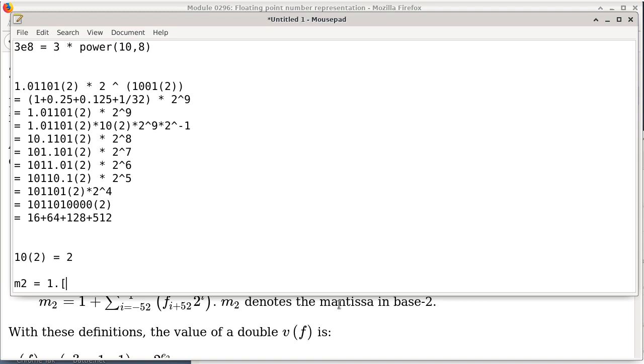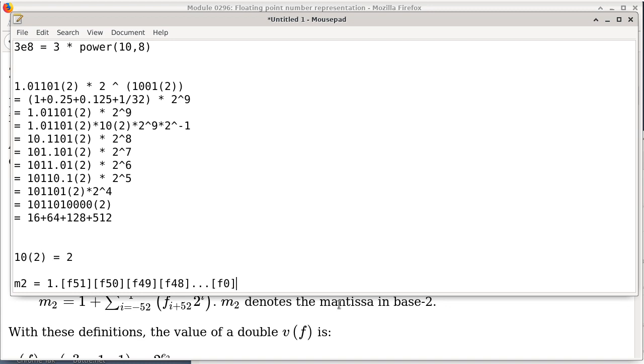The most significant digit on to the right-hand side of the decimal point is going to be F51, okay? The next one is F50, the next one is F49. I cannot do subscript, so just imagine the digits are subscript, okay? Plus F49, F48, blah, blah, blah, all the way F2 down to F0, okay?